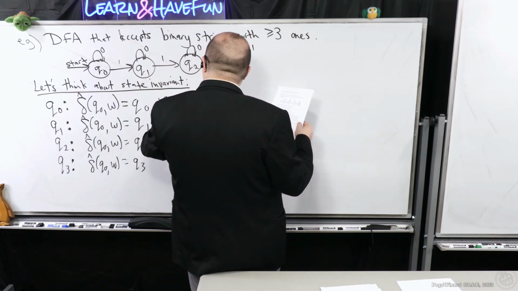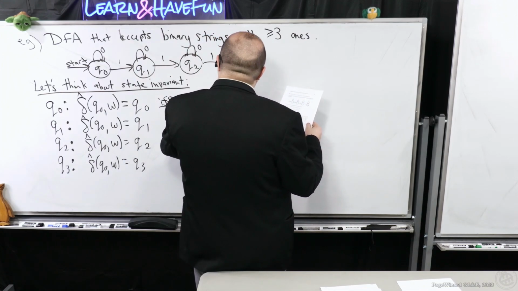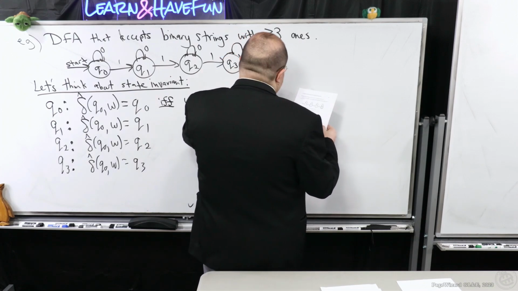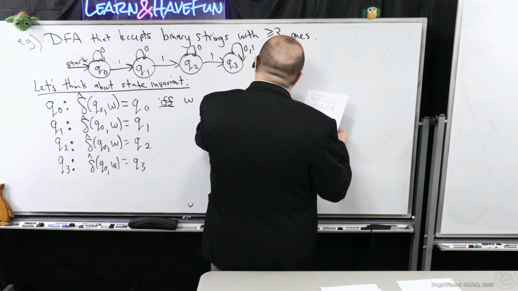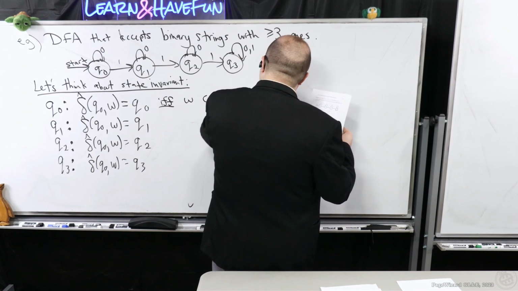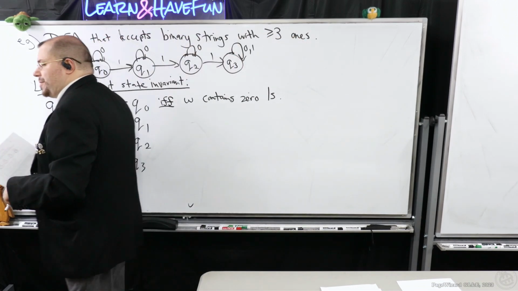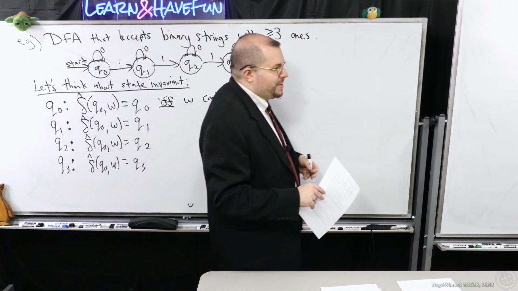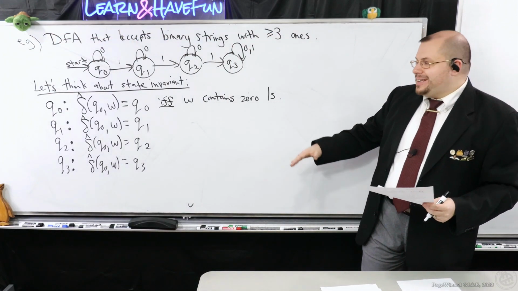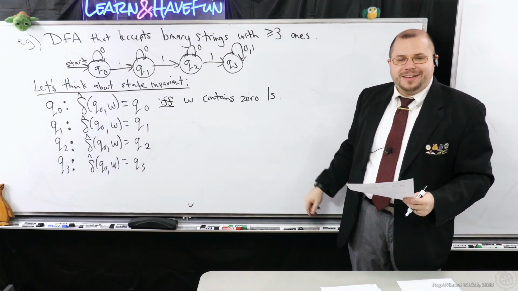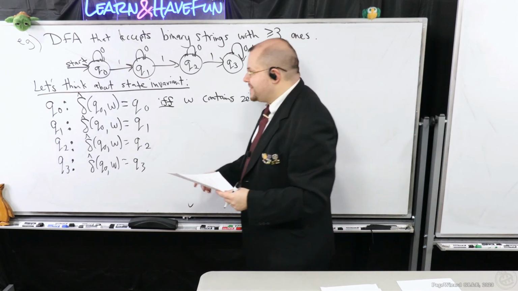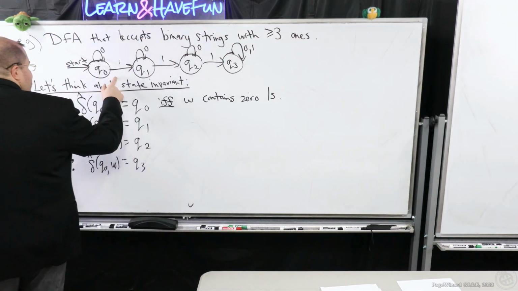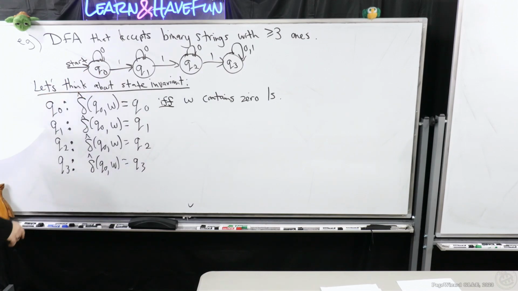It means that W contains 0 ones. That's at least what we would like to say is true. We're going to actually prove this. But most certainly, that seems to be sensible, right?